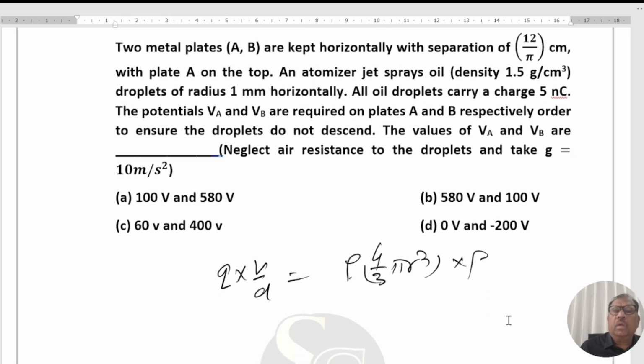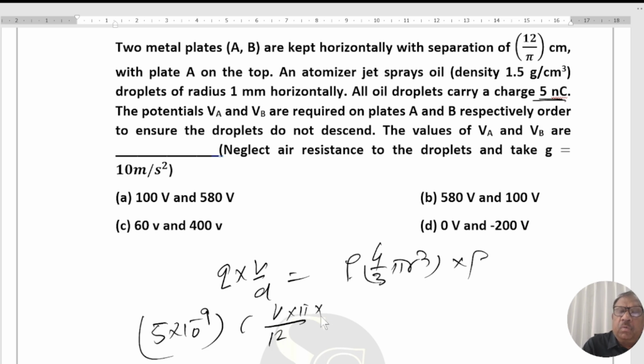Simplify this. Separation is given, charge is given as 5 nanocoulomb. Convert all given parameters into SI units: 5 into 10 to the power minus 9. We find d as 12 upon 5 pi into 10 to the power minus 2, which goes up to the numerator. Density 1.5 into 10 to the power 3.